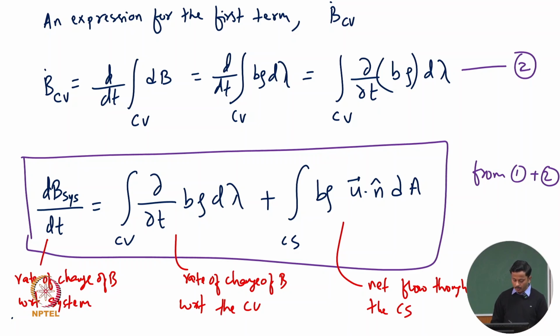And this is what the original statement of the Reynolds transport theorem is. So we have derived the change of a quantity with respect to the system, in terms of the change when we assume a control volume approach.